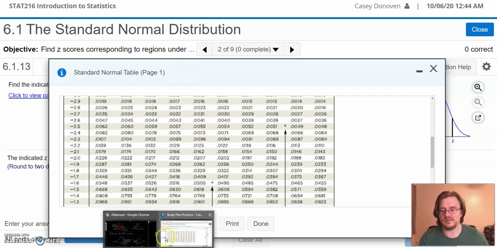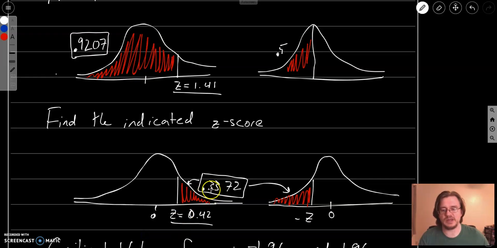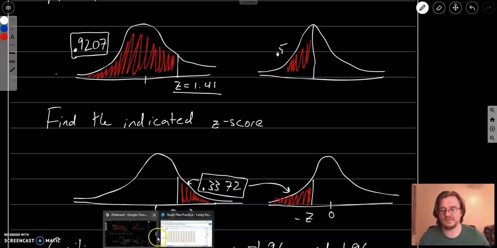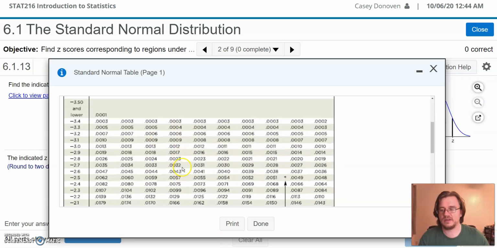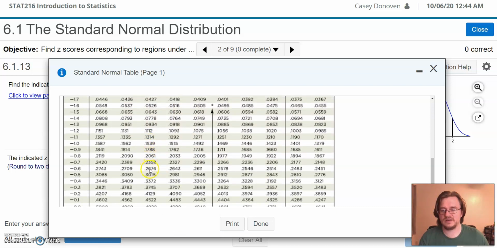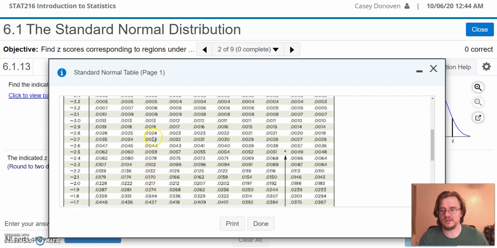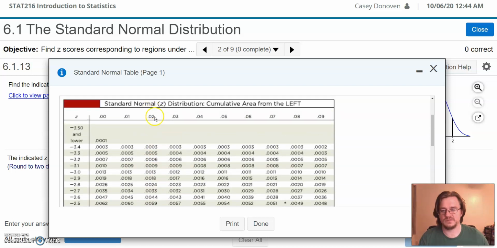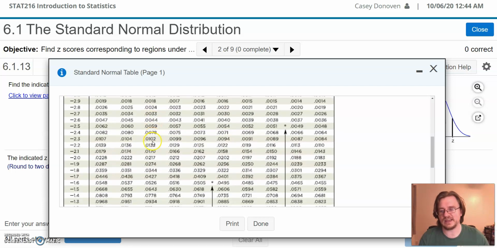So when I come back, I'll need to be finding a negative number. The probability that I want is 0.3372, which is right here. This is going to be negative 0.4, and 2 is the second decimal place.